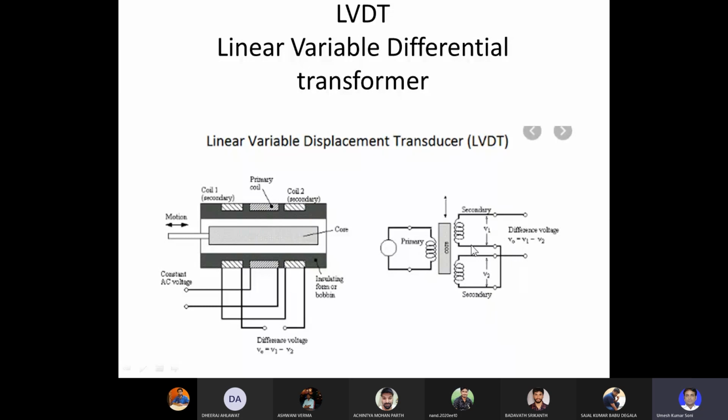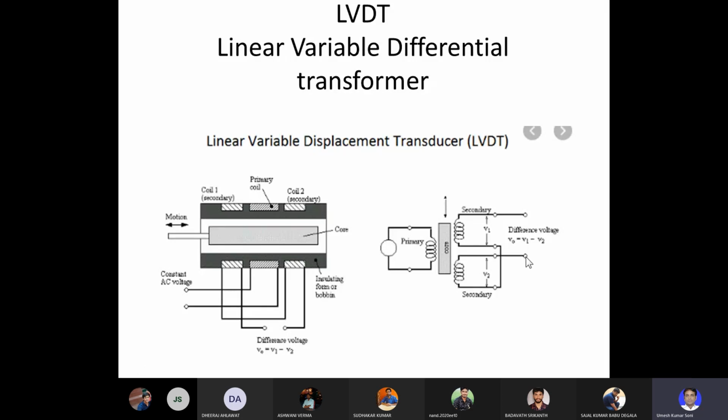Whenever there is forward or reverse displacement, there will be a certain voltage induced in the final terminals. You can see that V equal to V1 minus V2 will not have zero magnitude, but it will have some positive or negative magnitude, which is also AC in nature.